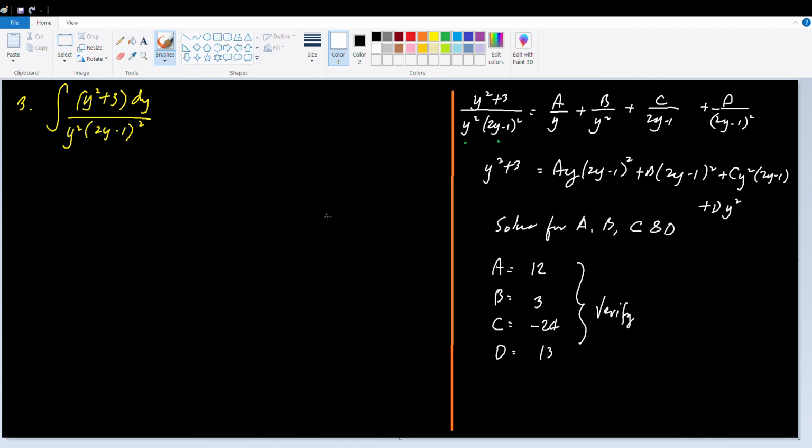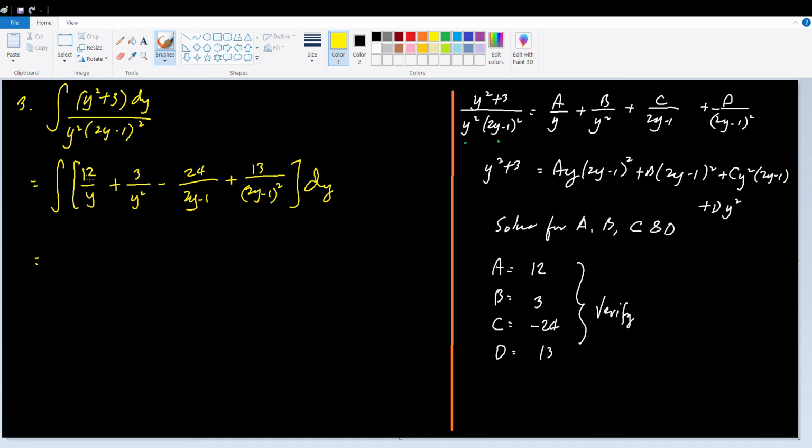Alright? So going back to our integral, it becomes the integral of 12 over y plus 3 over y squared minus 24 over 2y minus 1 plus 13 over 2y minus 1 squared quantity dy.